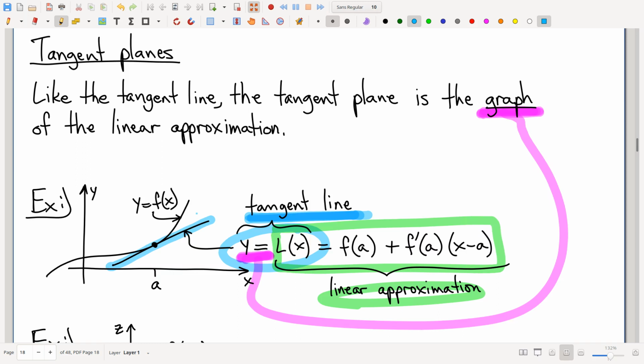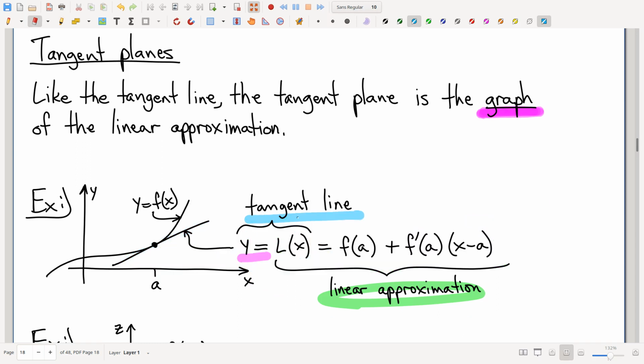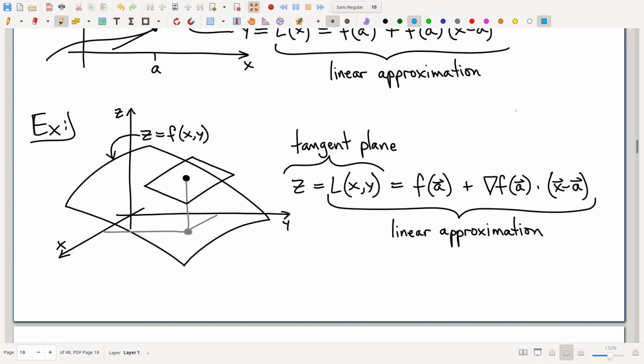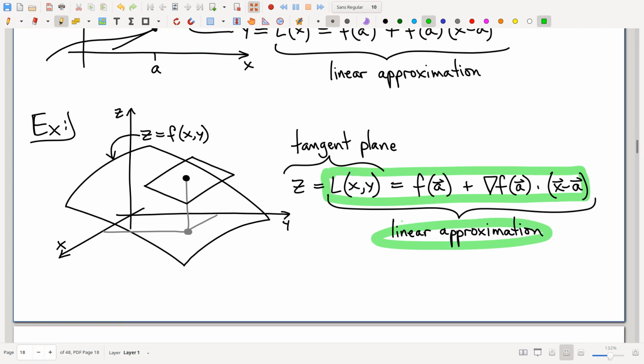Okay, so same deal when we're talking about the multivariable case. Now here you'll notice I have a function of two variables, and here's the linear approximation. Right, function of two variables. Note the picture. Looking at a graph.